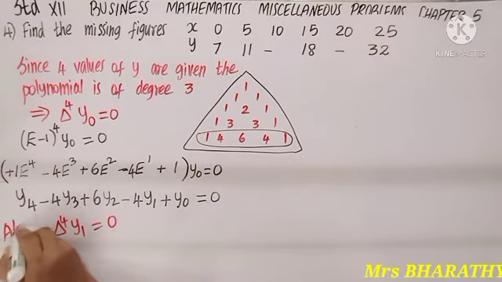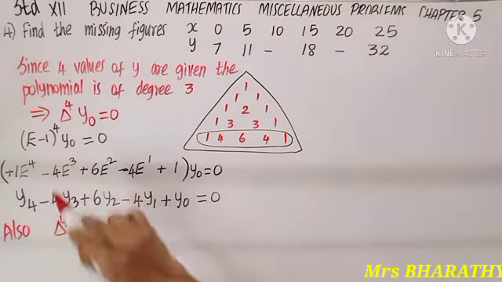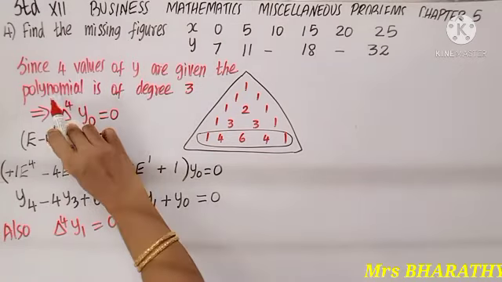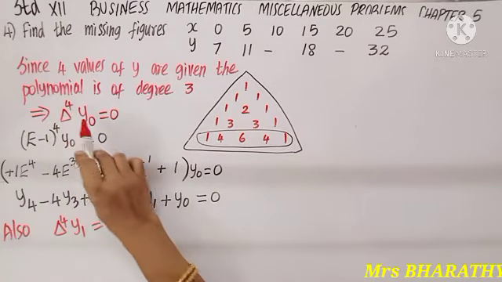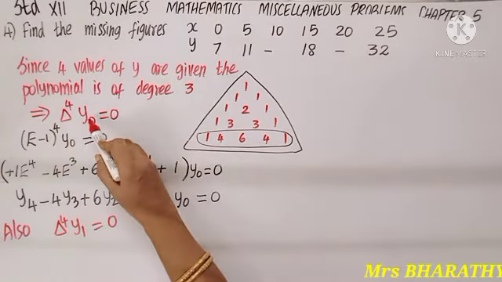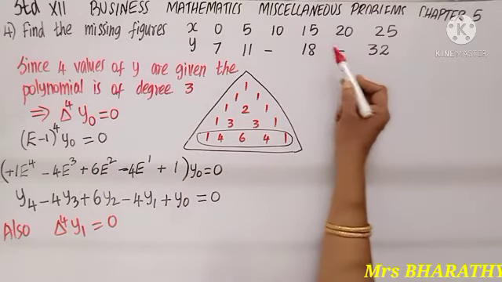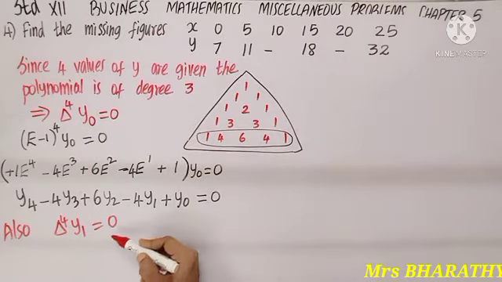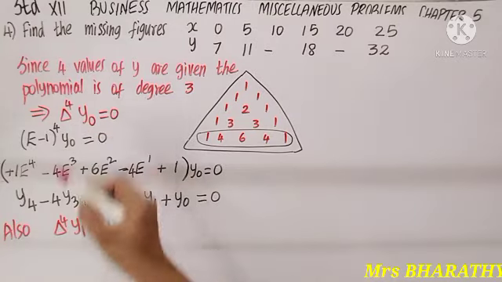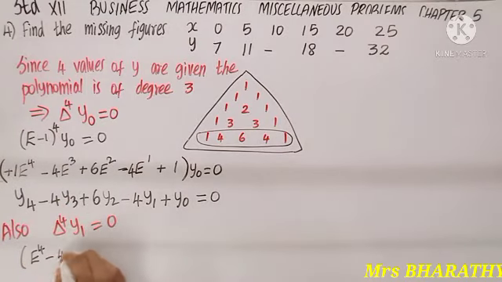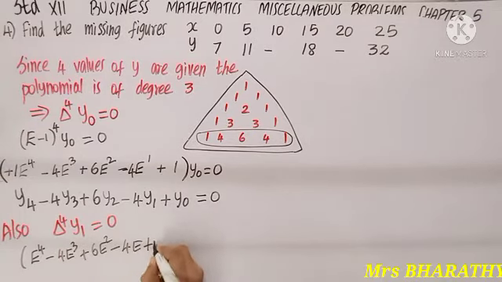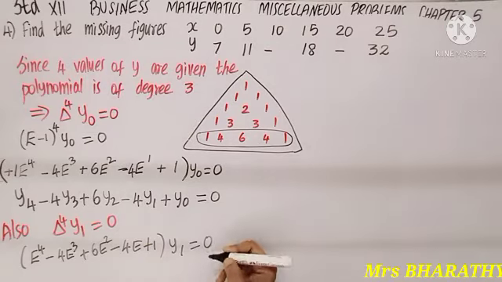So this is, I can use y0, y1, y2, anything when the polynomial is of degree 3. I write delta power 4 of yk. So I can put y0 because I want two values. Write one more equation. Instead of y0, now I use y1. As I substitute, it is E power 4 minus 4E cube plus 6E square minus 4E plus 1 into y1 equal to 0.